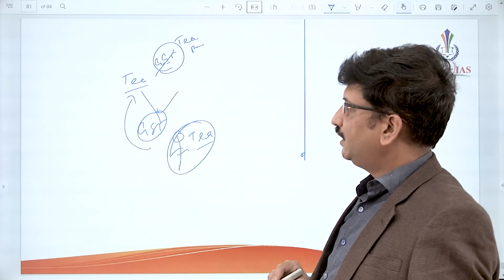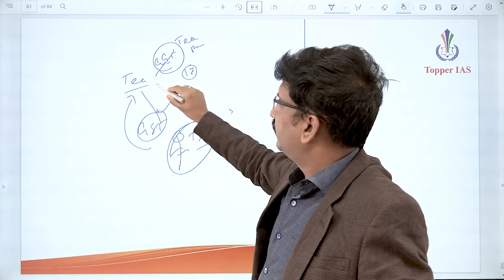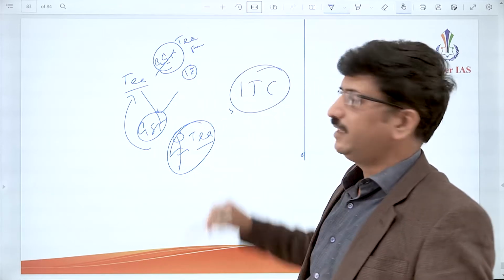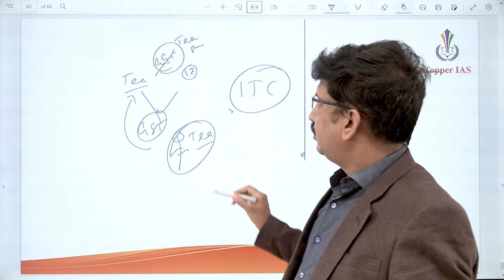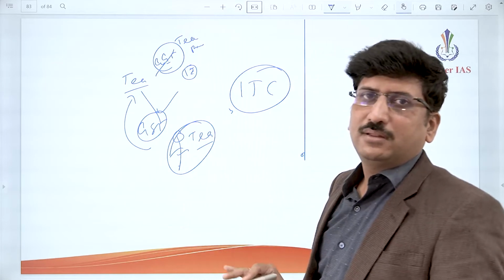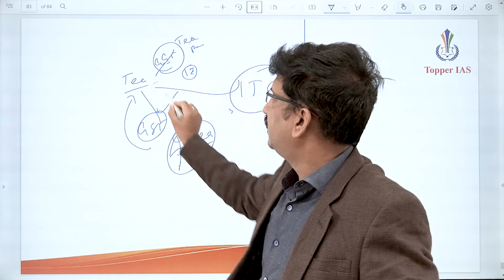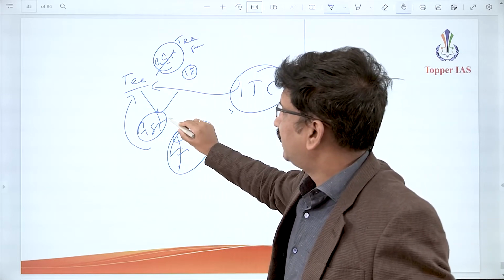So what will happen, for example, he has paid 1 rupee GST here. Government will allow them to file ITC, input tax credit. What do you mean by input tax credit? Multiple times the tax should not be paid. So this 1 rupee will be refunded back to this person, because he is collecting tax here.